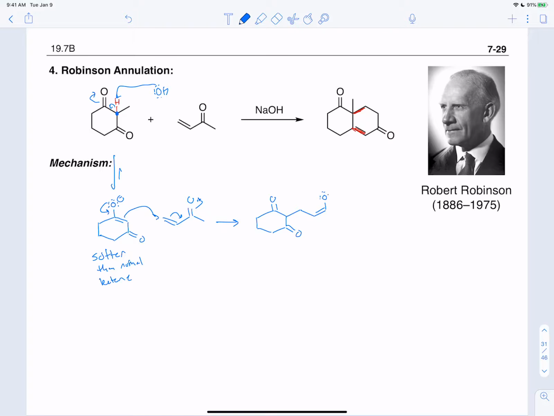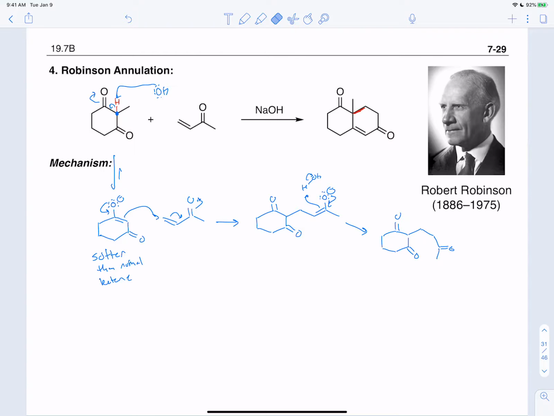So we're going to make an intermediate enolate. And once again, this will be able to react with water to make a neutral compound. So we've already made one of the bonds we need to make.